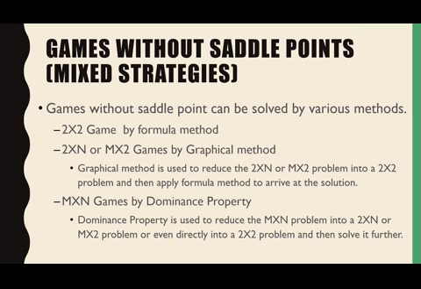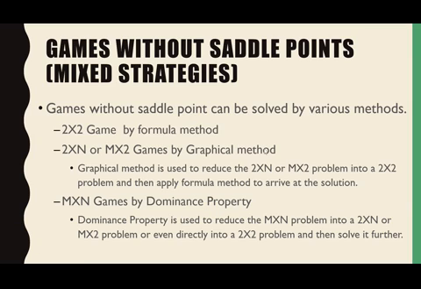By using the dominance property, we will be able to reduce the rows and columns in the problem. So by using the dominance property, we will try to reduce this m cross n problem into either a 2 cross n or m cross 2 problem. Or many a time, the m cross n problem will straight away get minimized into a 2 cross 2 problem by the dominance property itself.